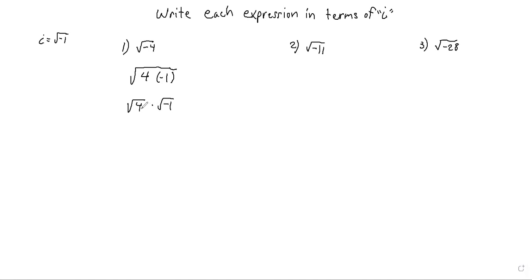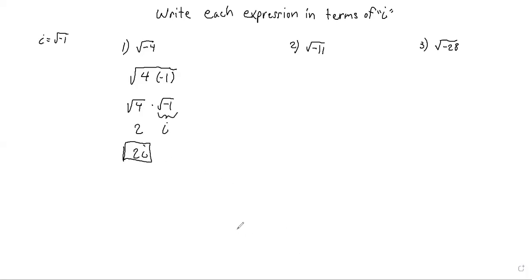And then we're going to simplify each one. We just learned that the square root of -1 is I. So we're going to simplify this and make it an I. And then the square root of 4 is 2. So we're going to simplify that factor and make it 2. So our answer is going to be simply 2I.